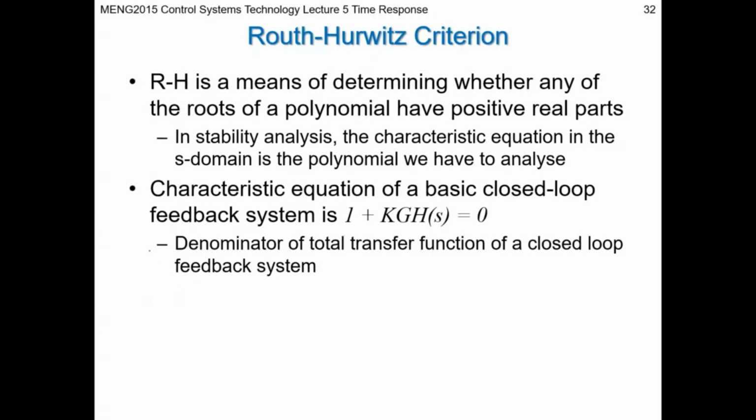So just to rehearse again, the characteristic equation of a basic closed loop feedback system is 1 plus KGH equals 0, right? Why is that? Because that is the denominator.